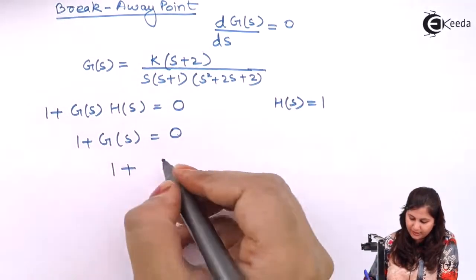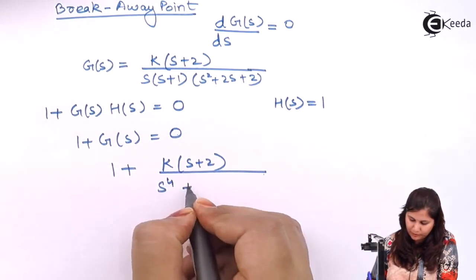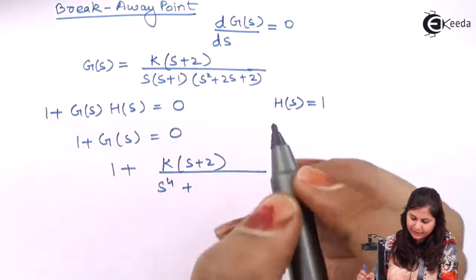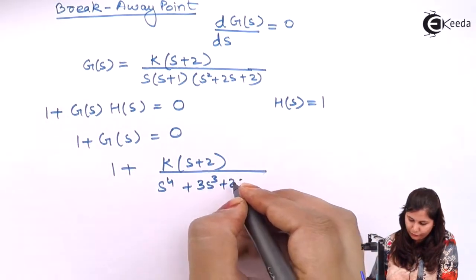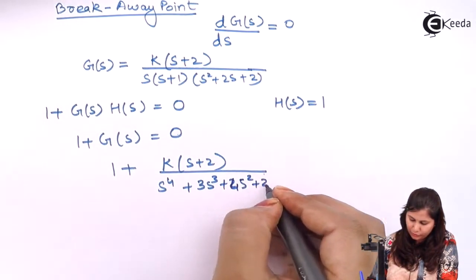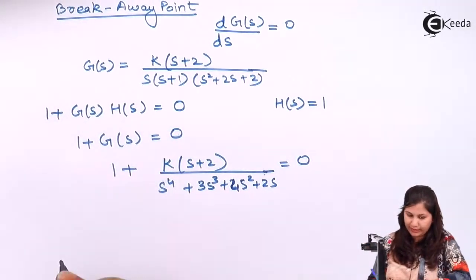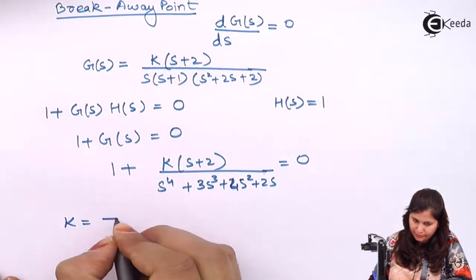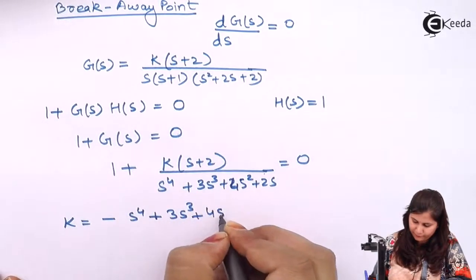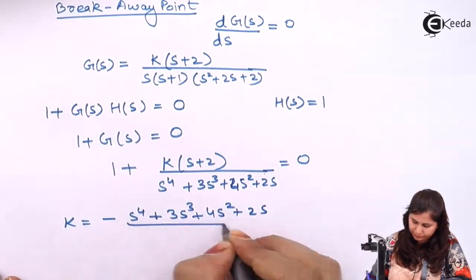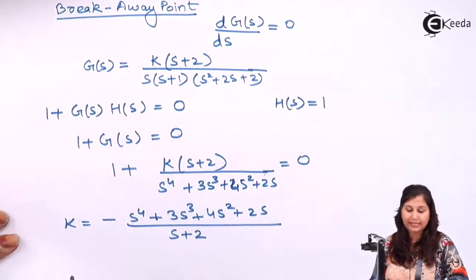Putting the value of G(s) here, K(s plus 2) upon s to the power 4, multiplying inside, we have s to the power 4 plus 3s cube plus 4s square plus 2s equals 0. Solve this, we get K equals minus (s to the power 4 plus 3s cube plus 4s square plus 2s) upon (s plus 2). So we have the value of K as this.